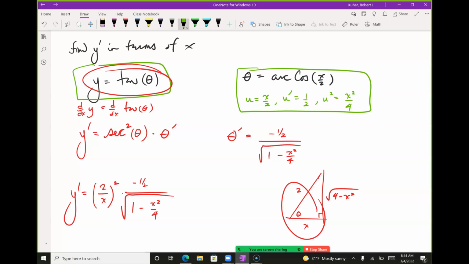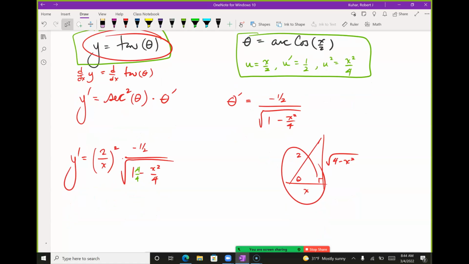Nice. So first thing I'm going to do is get a common denominator inside of my radical. So I need a 4 as my denominator, and I can start rewriting here. So I get 4 over x squared times a minus 1/2 over square root of 4 minus x squared over 2.